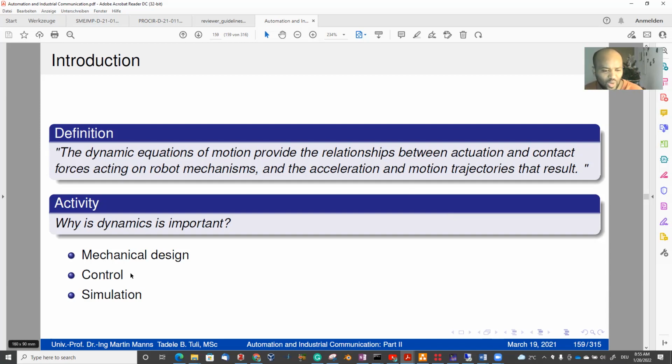The other point, actually, why we need dynamics is to control it. As I said, you want to control it: stop here, start here. So the robot should precisely stop, and also gently, and then start, so you don't have any problem with your operation. And the other point, which is also important, is simulation.